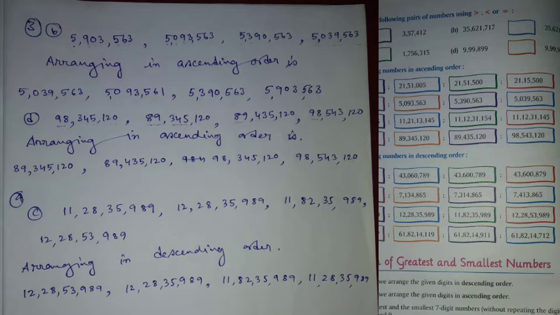Number B, the question is 5903563, comma, 5093563, comma, 5390563, comma, 503953.